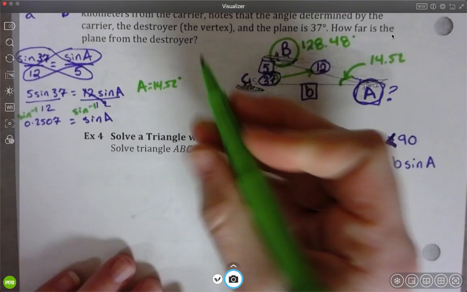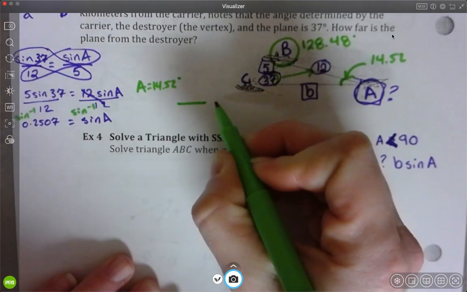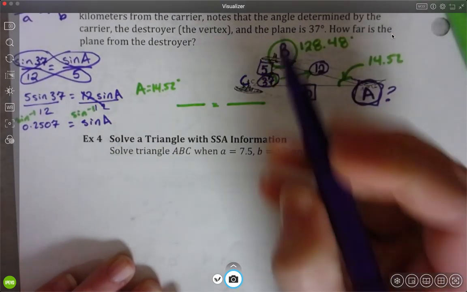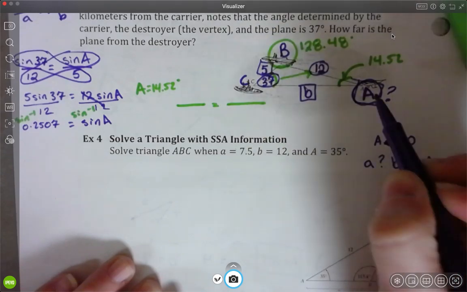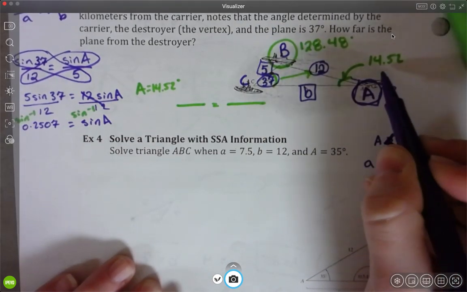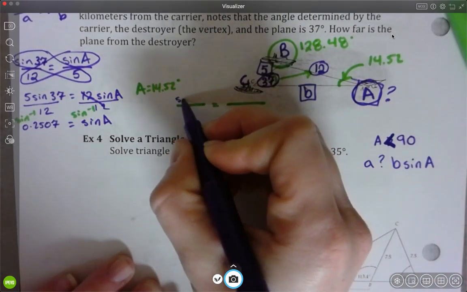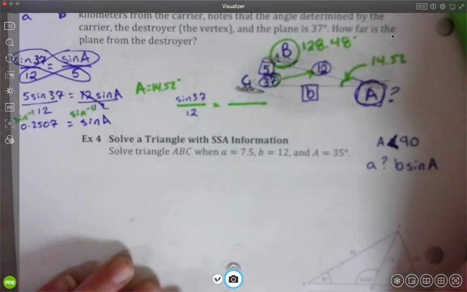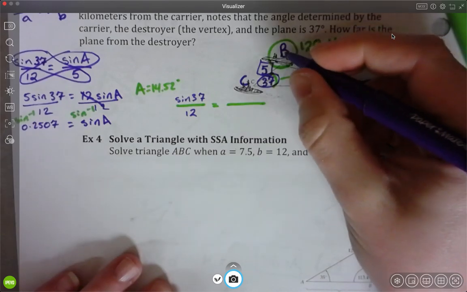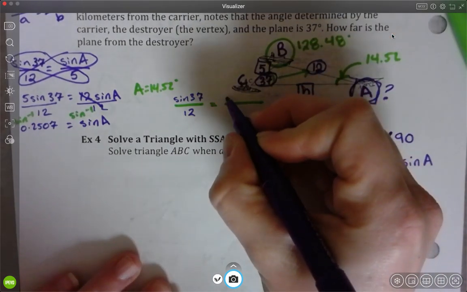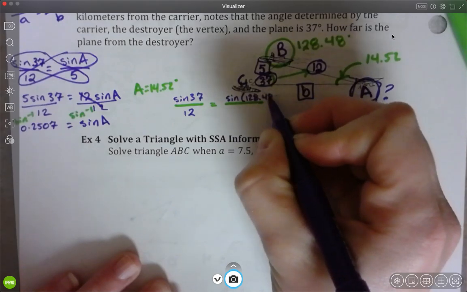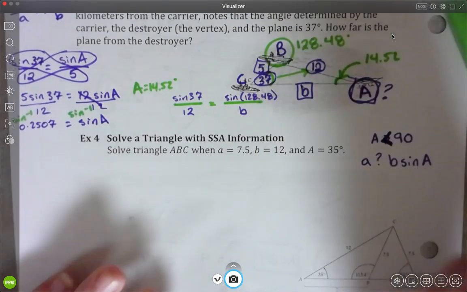Now I can solve for lowercase b by just doing my law of sines again. I want to still use this 37 degrees rather than the 14.52 because this guy is rounded. So I'm going to do sine of 37 over 12, and then sine of 128.48 over lowercase b.